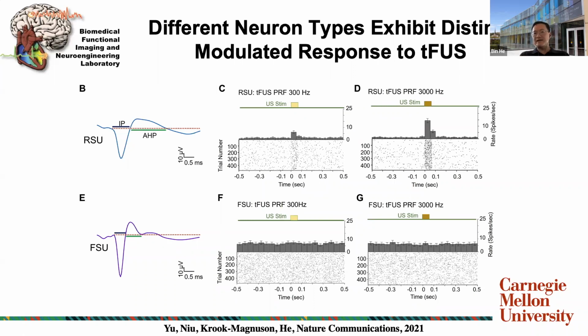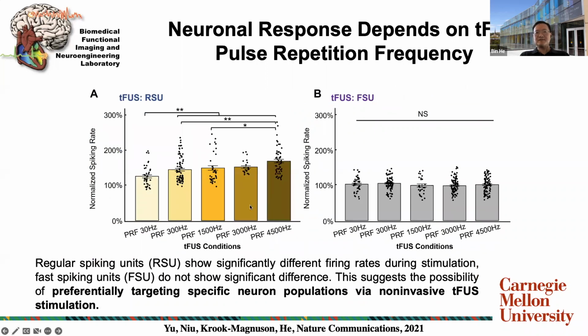Maybe the next slide would show it better, because here you can see this is an inhibitory neuron. We change our PRF from 30 hertz, 300 hertz, 1500, 3000, 4500. So 5 different PRFs, and we do statistical analysis, and there is no statistically significant difference.